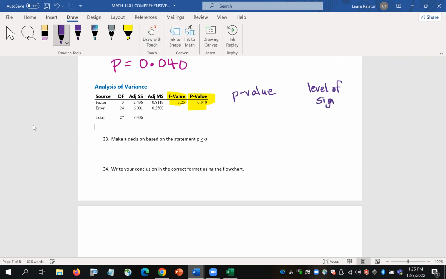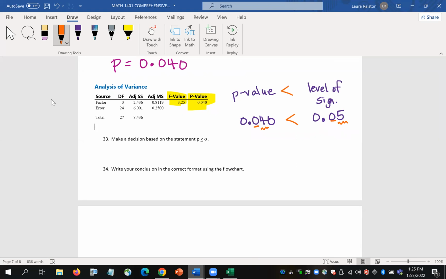That process has not changed. So I have 0.040 compared to 0.05. You compare it digit for digit. 0 to 0, 4 to 5. 4 is less than 5.